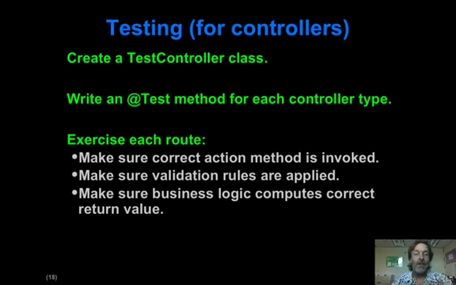So you might invoke the controller with data that's both valid and data that violates each of the validation constraints to make sure that the entity is not created. And then whatever other kind of business logic, even if it's valid with respect to the syntax and the entities, you want to make sure that it's computing the correct answer for whatever it is that you're trying to do. Okay, there we go, and on to the walkthrough.